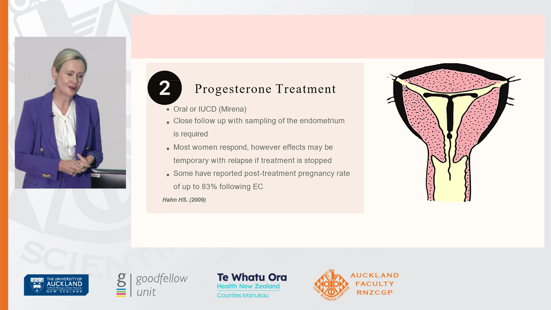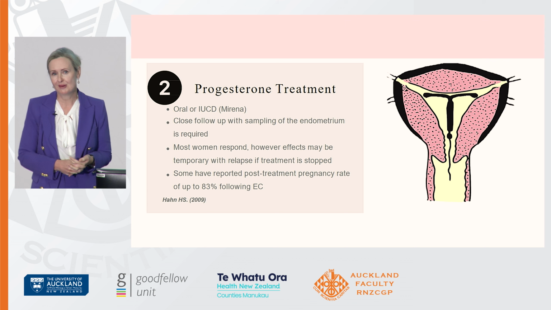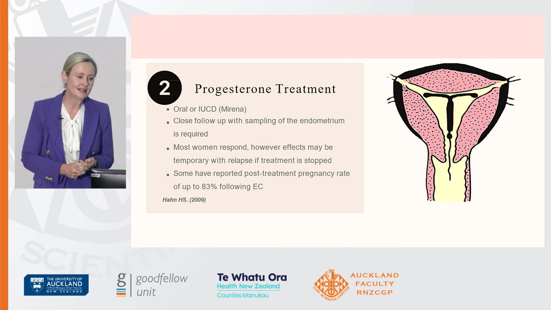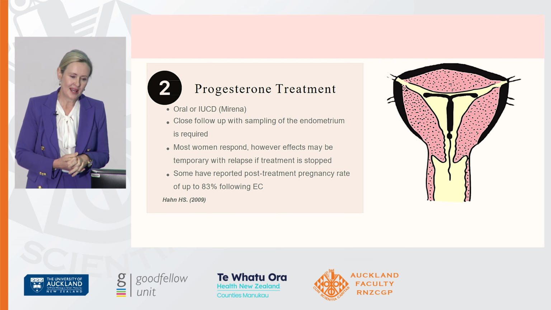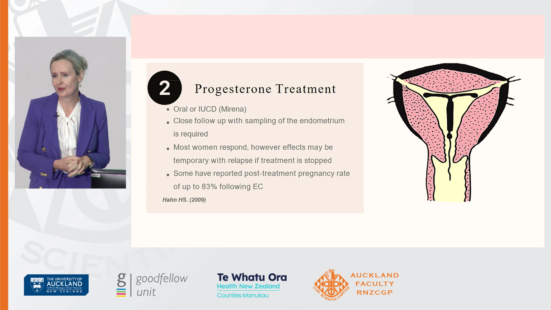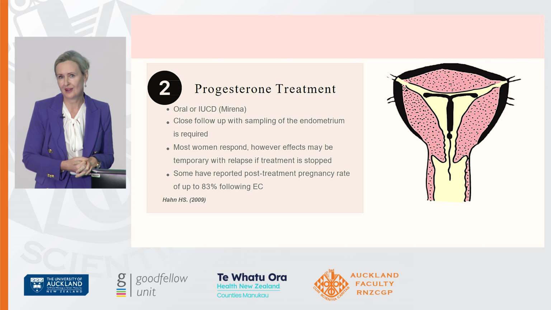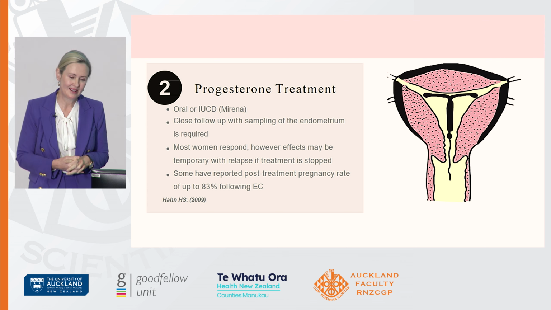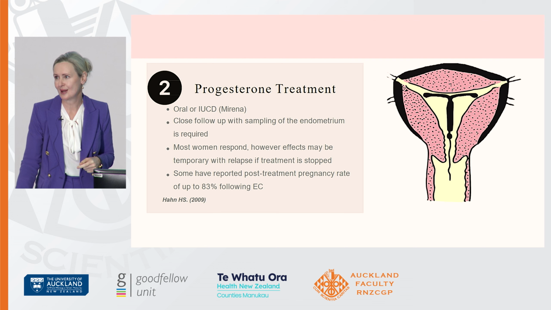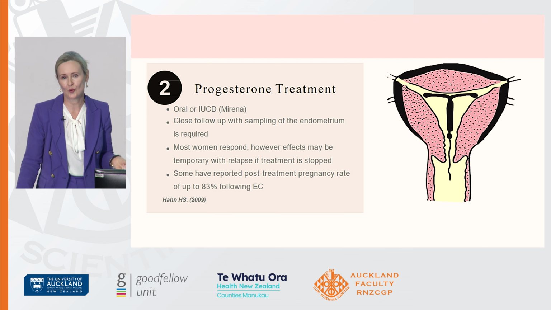So you can treat it orally with high-dose progesterone or a Mirena. Mirena is better because women are notoriously not particularly good at taking their medication. And once they've had a pre-malignant diagnosis, then it's important that they're followed up regularly with sampling of the endometrium. In fact, for the rest of their life, until they have to have some sort of definitive treatment, because unless you remove the cause of the problem, it's going to recur at some point.